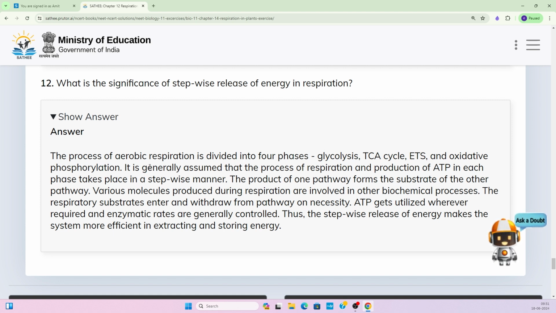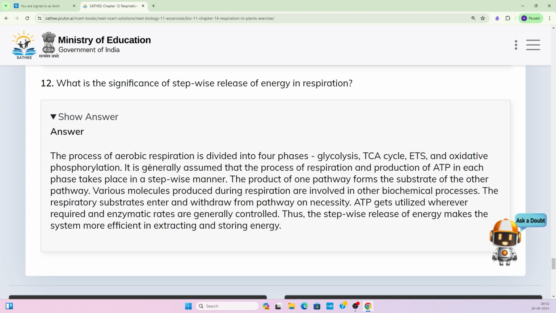Whatever NADH2 or FADH2 has been produced in glycolysis or the TCA cycle enters the electron transport system. After that, oxidative phosphorylation occurs, that is, the synthesis of ATP.